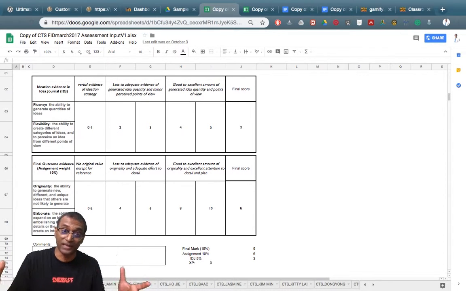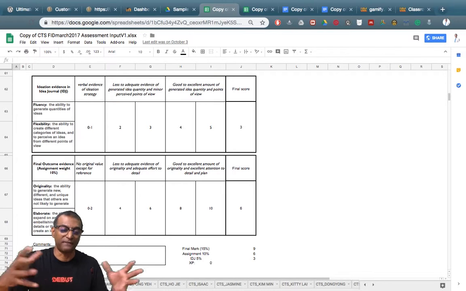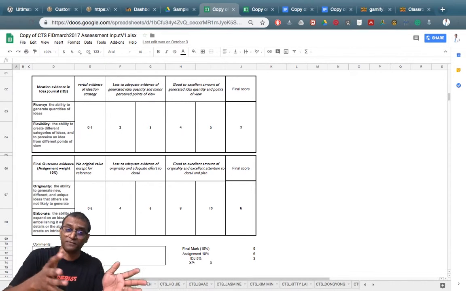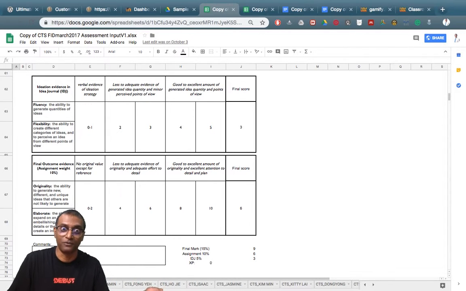If these are not adequate enough, you'll get points between 3 and 4. If you have an excellent amount of ideas, exploration, expansion and development, you will get between 4.5 and 5. How interesting is that? You could get full marks for your IDJ.